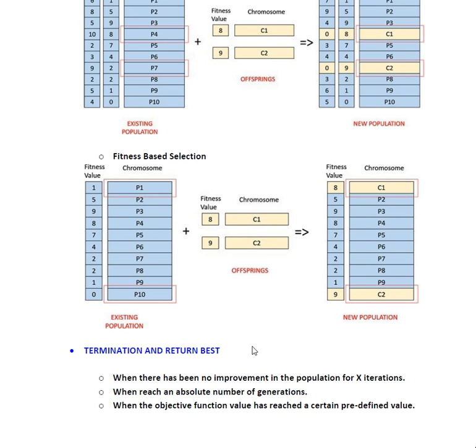So these are the different methods by which, with the new population, you are creating new offspring, going for improvement, and seeing that optimization is taking place. And if this process is not able to give a further change in the output results, then we understand that it is time for the genetic algorithm to terminate that process.